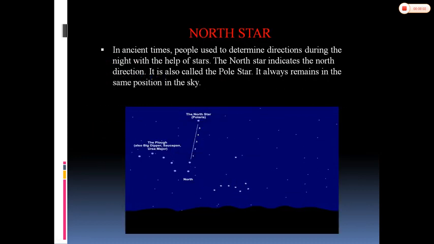Now we are going to understand the concept of the North Star. In ancient times, people used to determine direction with the help of the North Star. When they were in the oceans or seas and were not able to find the direction, or were getting confused about the direction, they utilized the North Star or the Pole Star to find the right direction. Why did people in ancient times use the North Star for finding direction?